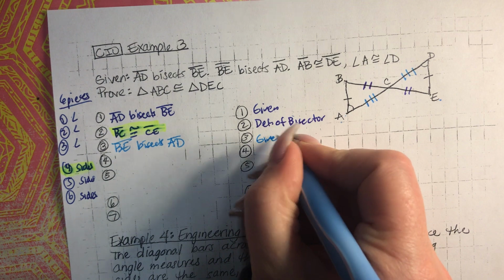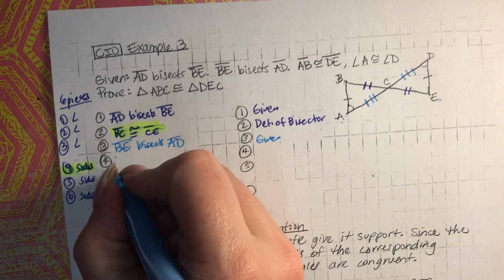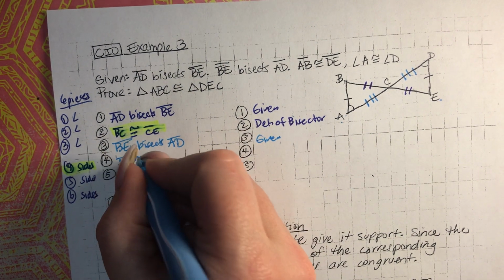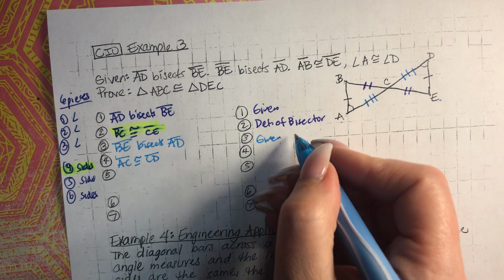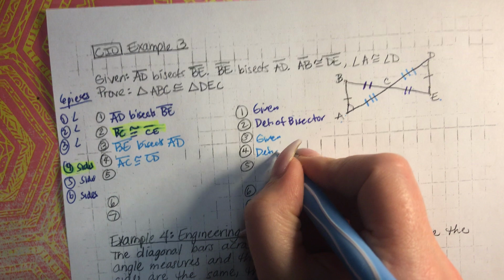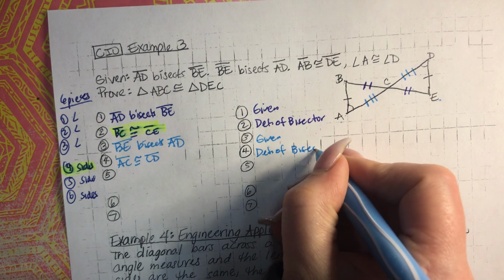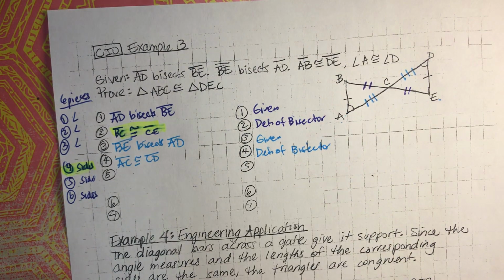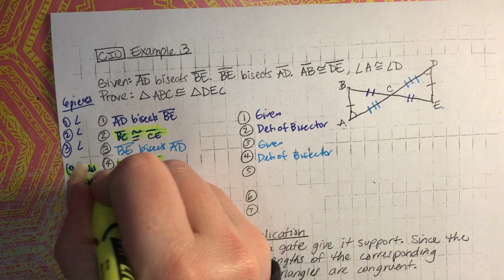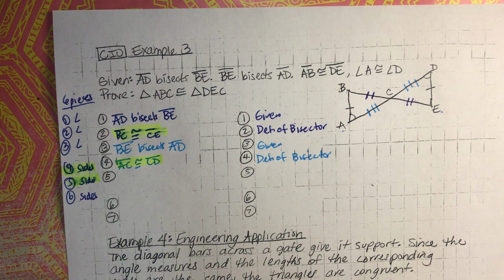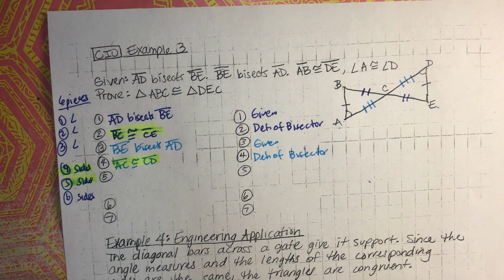And it's going to be very similar to this, which means that AC is congruent to CD because of definition of a bisector. Okay, there's another side. So now 2 sides. Perfect. What's the next piece?